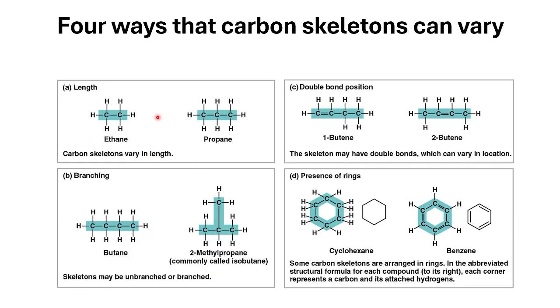Now, there are four ways that carbon skeletons can be added to each other, and where carbon can form different conformations. All of these are hydrocarbons. And as we've seen, there are ways that we can vary them to get different conformations. Obviously, carbon skeletons can vary in length. We talked about ethane and propane. Another way is that you can have branching patterns.